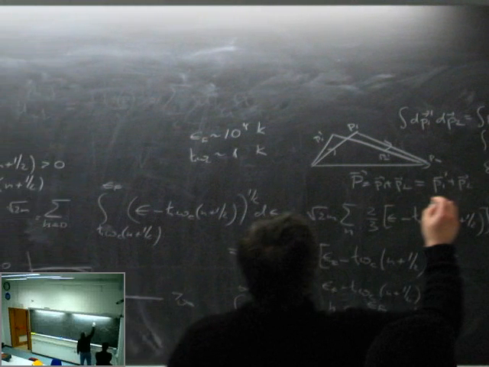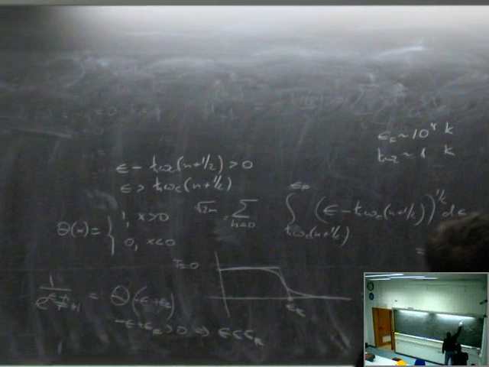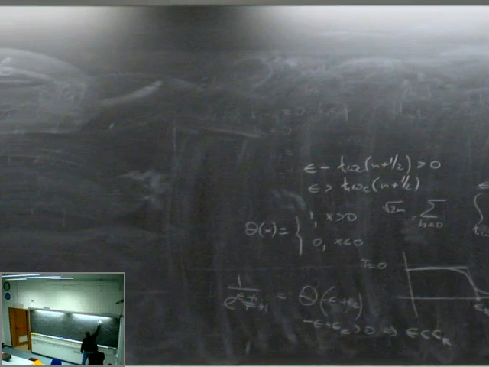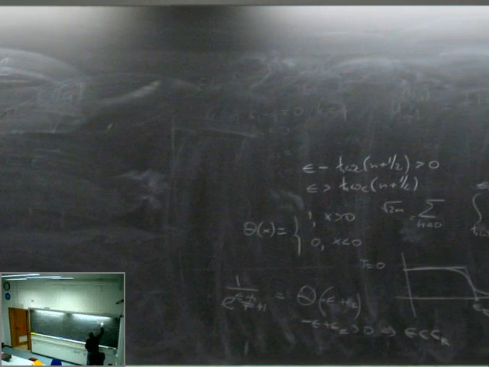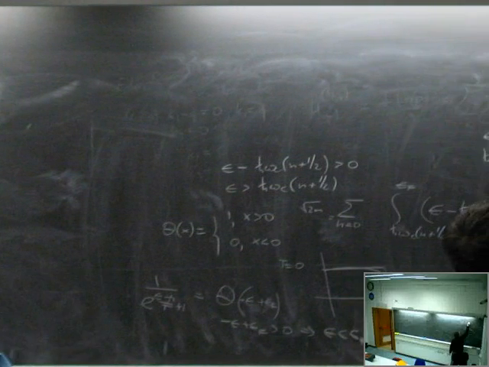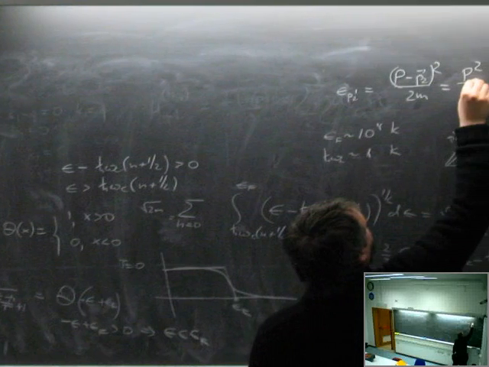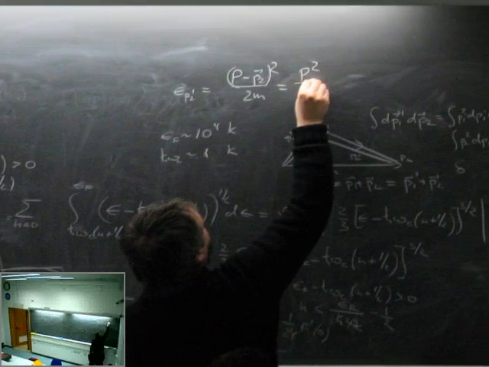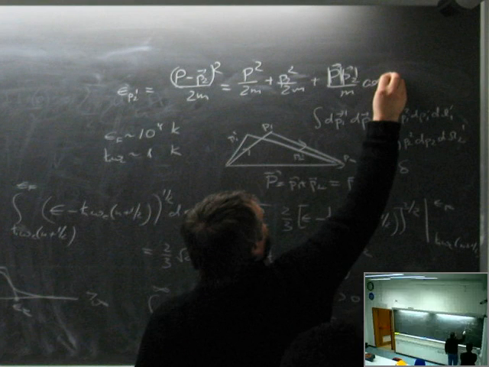This is epsilon, P2 prime is P minus P2 squared over 2m. This is P squared over 2m plus P2 squared over 2m plus P2 modulus over m cosine theta, cosine of this angle, right?